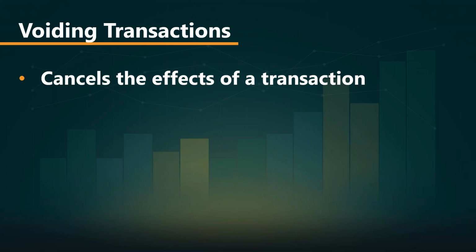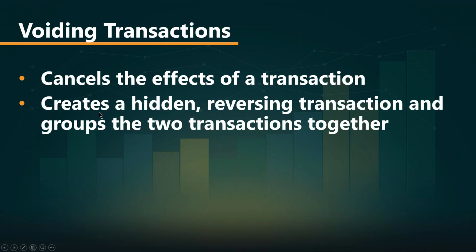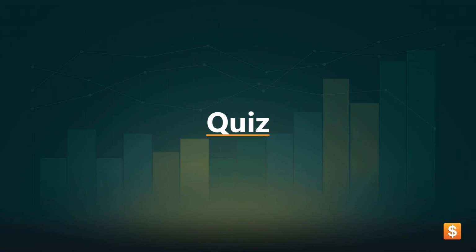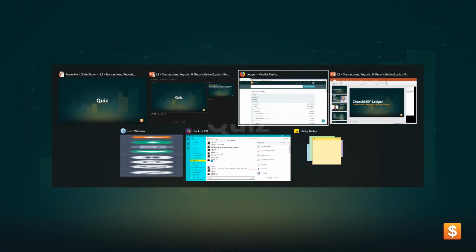And if you void it, it creates that void in the background so that you can see this change in the change log inside the software. So it creates a hidden reversing transaction and groups the two transactions together. This cannot be undone. So if you void it, it's voided. You just create a new transaction at that point in time. So we've done intermission, so we'll head to quiz next.